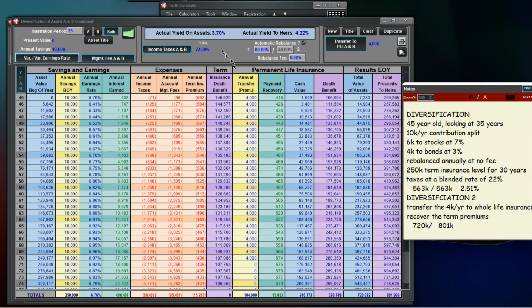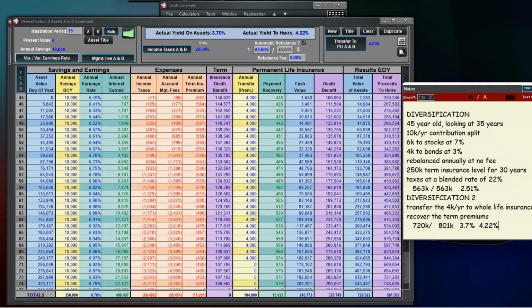And then you'll notice up here on the yield of assets, we have two different numbers because now we have an actual yield on assets to the people that are putting the account in, us in this case, and then we have a different yield on assets to the heirs because of the life insurance death benefit. So you could say that the 3.7 is for those that are living and the 4.22% is for those that are remaining, the heirs.